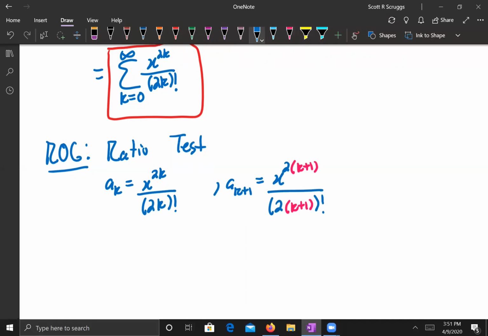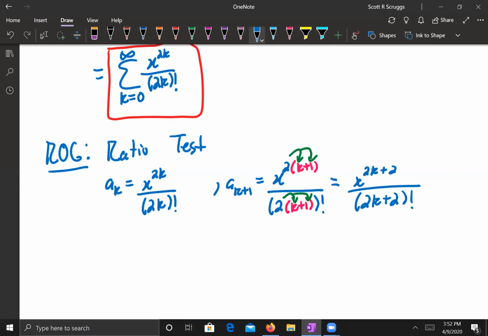Factorial. Let's simplify that real quick. If I distribute that 2 to that k plus 1 on both the exponent and within the factorial, I'm going to have x to the 2k plus 2 over 2k plus 2 factorial.